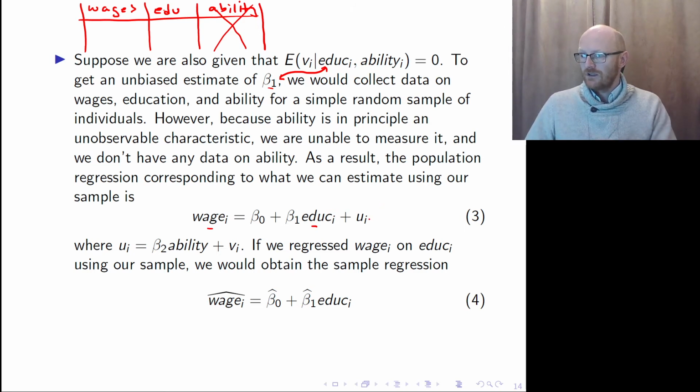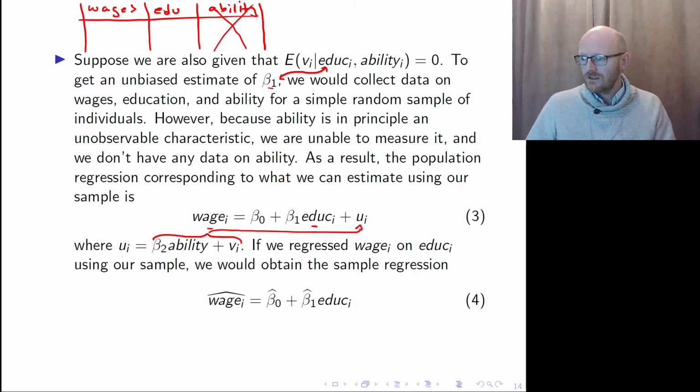Now our residual in this case contains both ability and the original unbiased or uncorrelated residual.